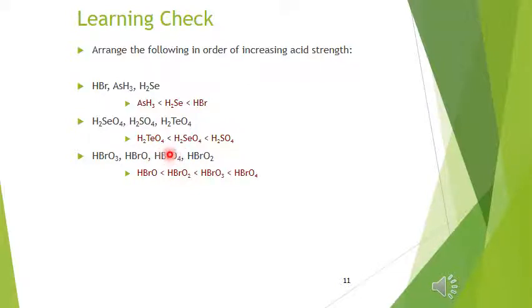So BrO4 minus is more stable than BrO2 minus, Br minus, or BrO3 minus. That's because it stabilizes that negative charge, spreads it out, and makes it harder for it to connect.